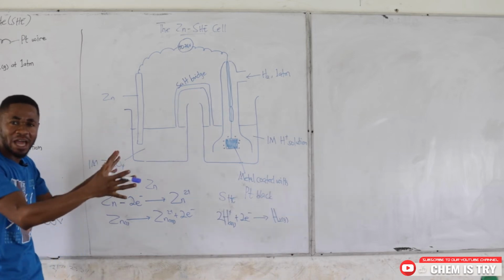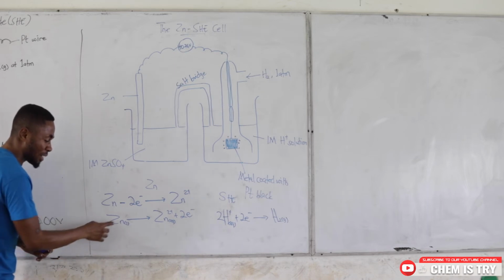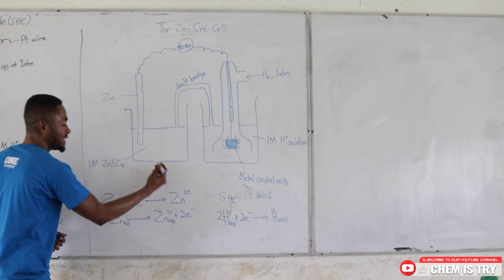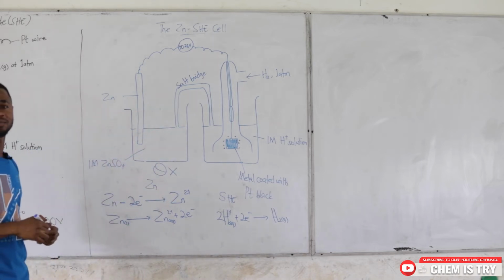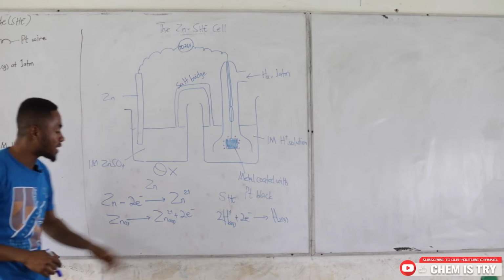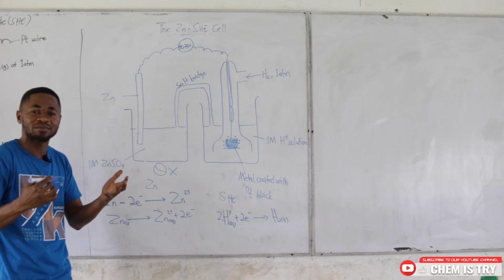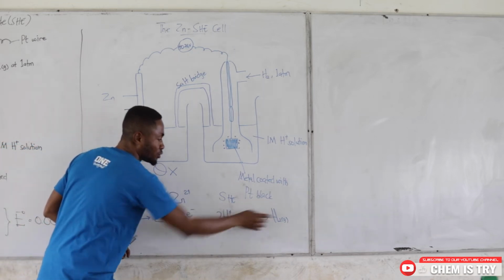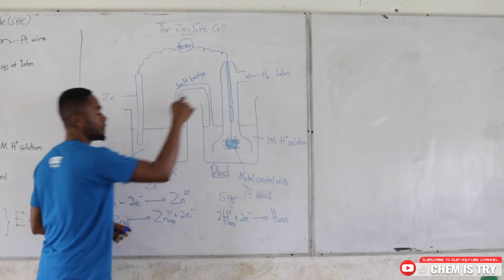When these things happen, it tells us that over here, zinc's oxidation number is increasing from 0 to +2. So this one is the site of oxidation. When hydrogen ions gain electrons to form hydrogen gas, the oxidation number of hydrogen reduces from +1 to 0. So reduction is occurring here.